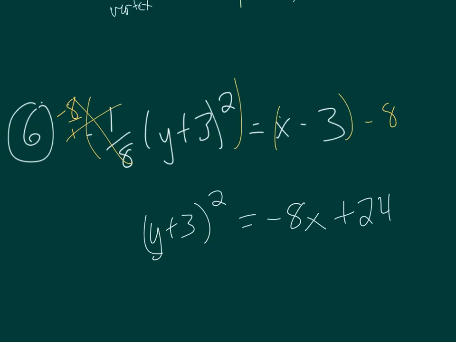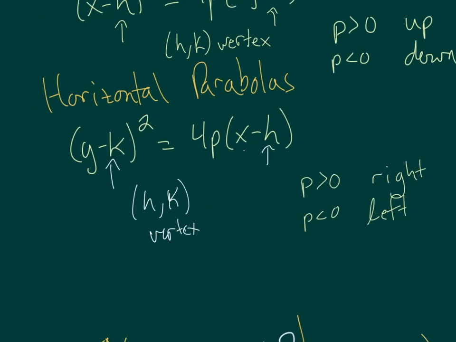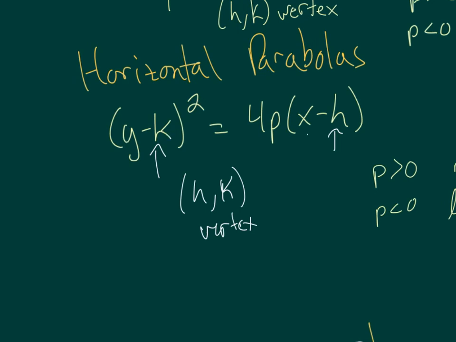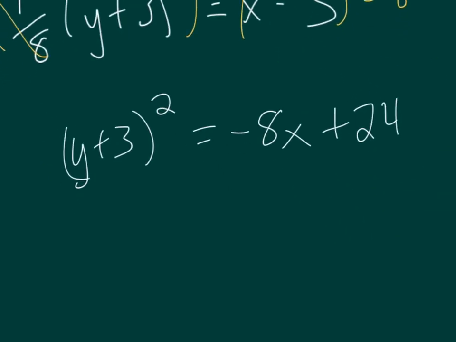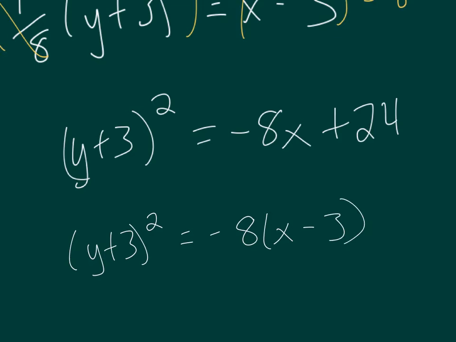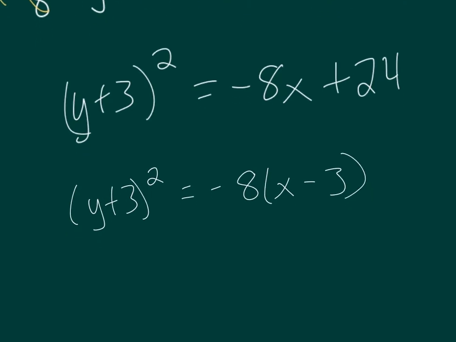It almost looks like our horizontal form, y minus k squared equals 4p, but we need to factor something out to get x minus h. The left side's good to go. On the right side, we can factor out a negative 8 from both terms, which gets negative 8 times x minus 3. Now we've got something to work with.